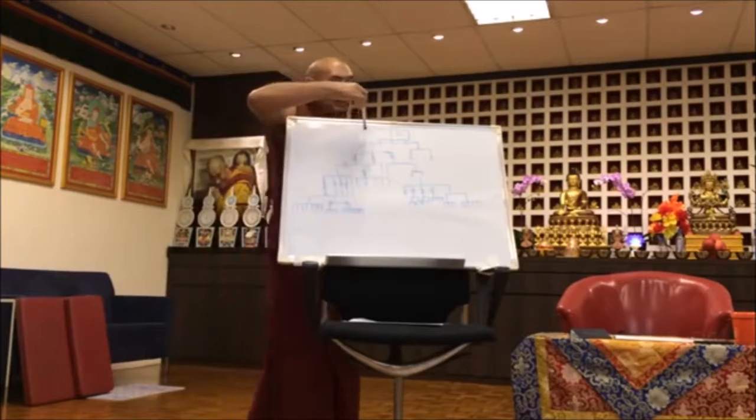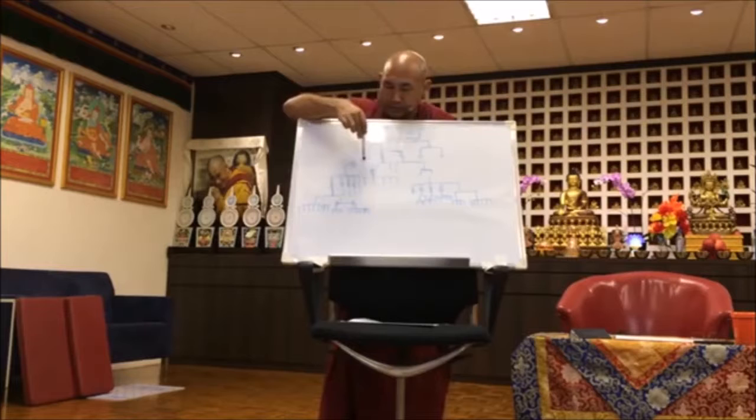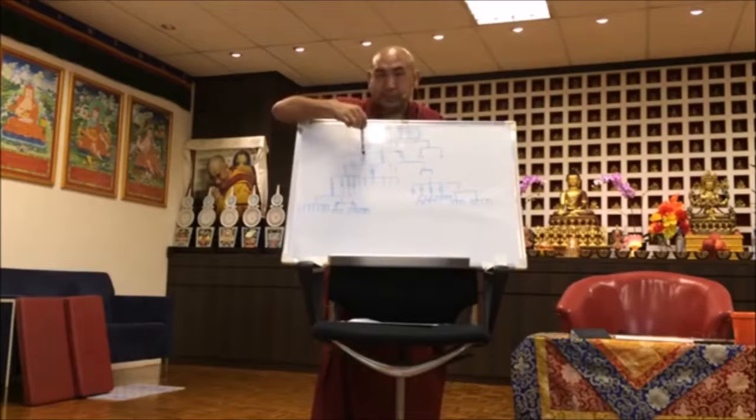So within the impermanent, of course, everybody knows there are 3: matter, consciousness, and non-associated formation. Now number 2: within matter, there are 2 groups. What? External matter and internal matter.